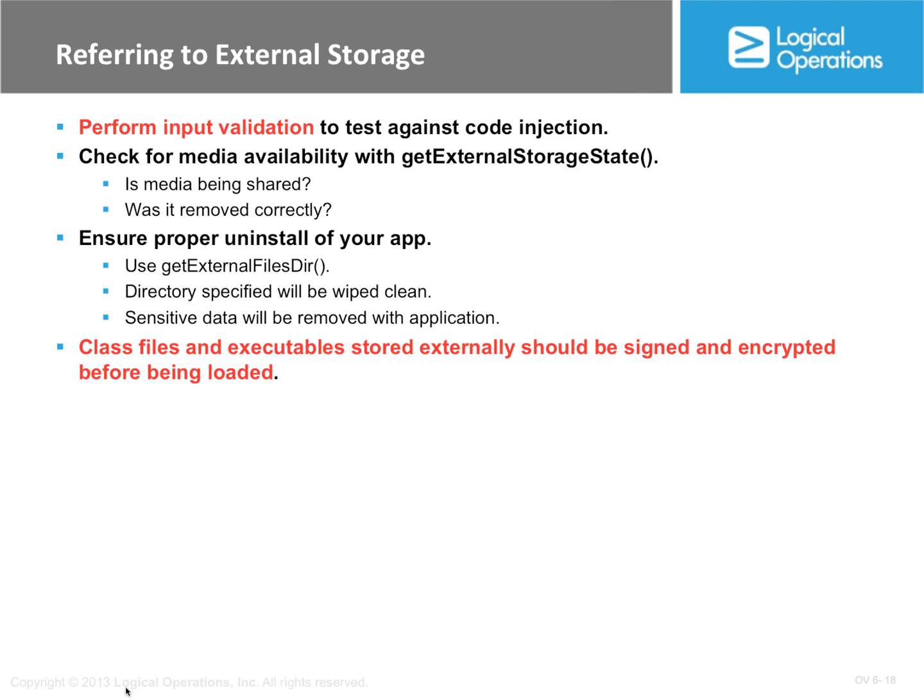So you want to ensure, when you use get external files dir, that at that point you have the control. How are you going to ensure the wipe of memory, of the standard ones and zeros? You're going to require 3 passes or 7 passes before the uninstall is complete.